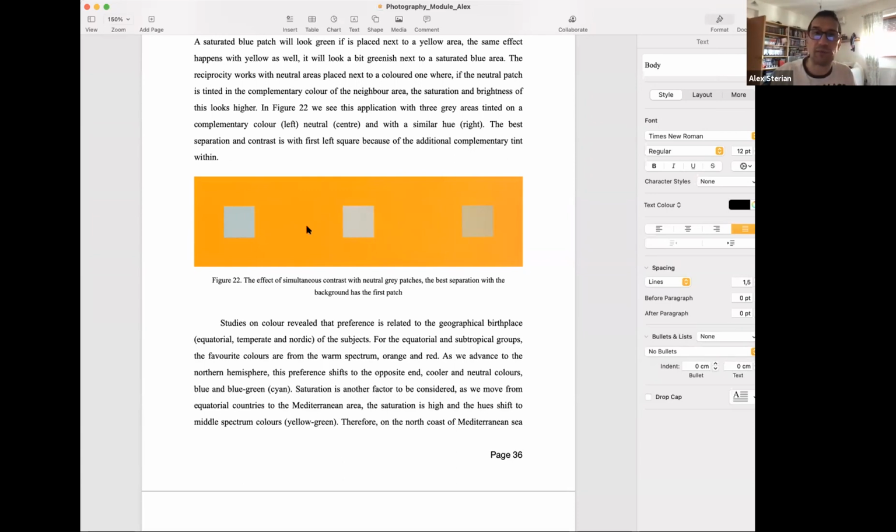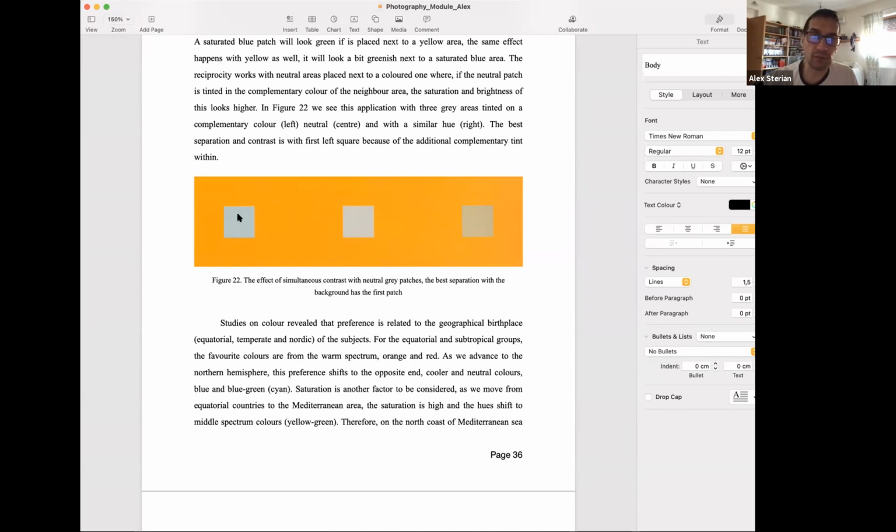So as you can see on those three patches here, let's say gray patches, which are not really gray, just the middle one is neutral gray. We can see how the hue of this patch will make it pop better on this background, only by getting a little more complementary color in it.